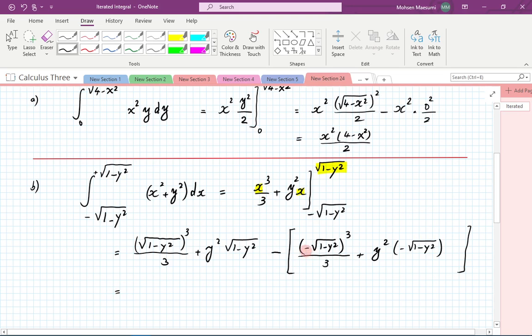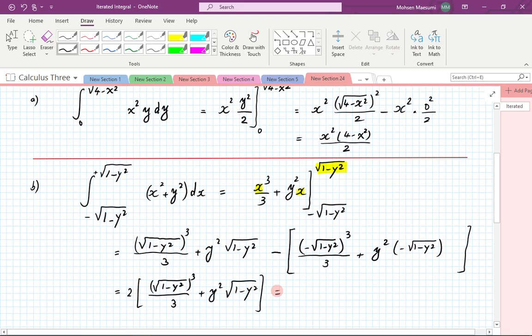If you pay attention, this minus, when you cube it, stays as a minus, and minus times minus becomes plus, so this expression becomes identical to that. This minus times that minus also becomes a plus, and our expression becomes identical to this. So this whole thing is going to essentially double, so we get double of radical 1 minus y squared cubed over 3, and then y squared radical 1 minus y squared.